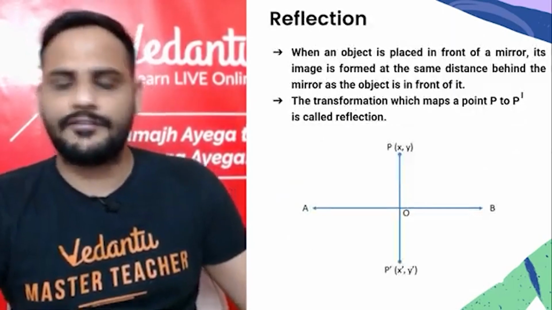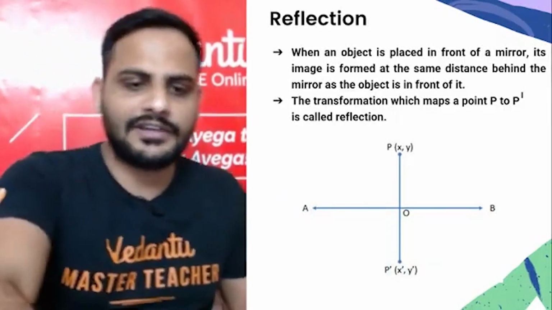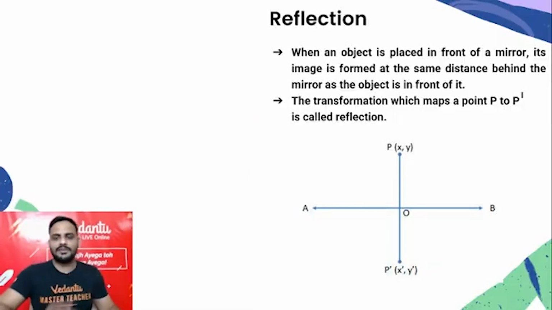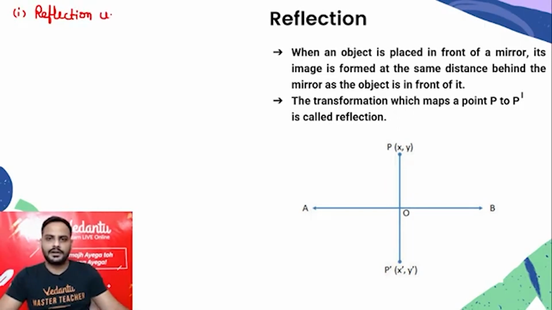Okay, now reflection. Now if I talk about the reflection beta, how the reflection happens in a plane mirror, same thing we are going to do over here as well. Let's take the first case, we are talking about reflection under x-axis.